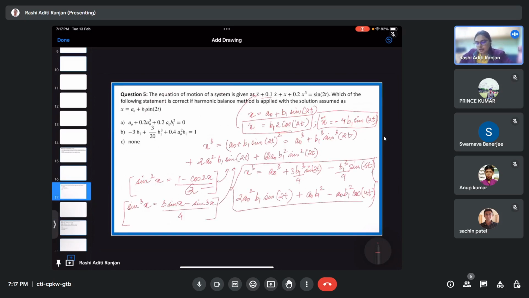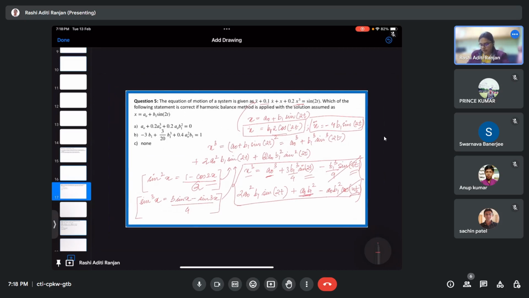Now this x cube expression is going to give me the terms with sine 2t, and there is also sine 6t and cos 4t. Since we are going to apply the harmonic balance method in order to find the relation of the coefficients, for now I'll neglect sine 6t and cos 4t. I'll consider just sine 2t and the constants, the values which do not have sine or cos multiplied with them.